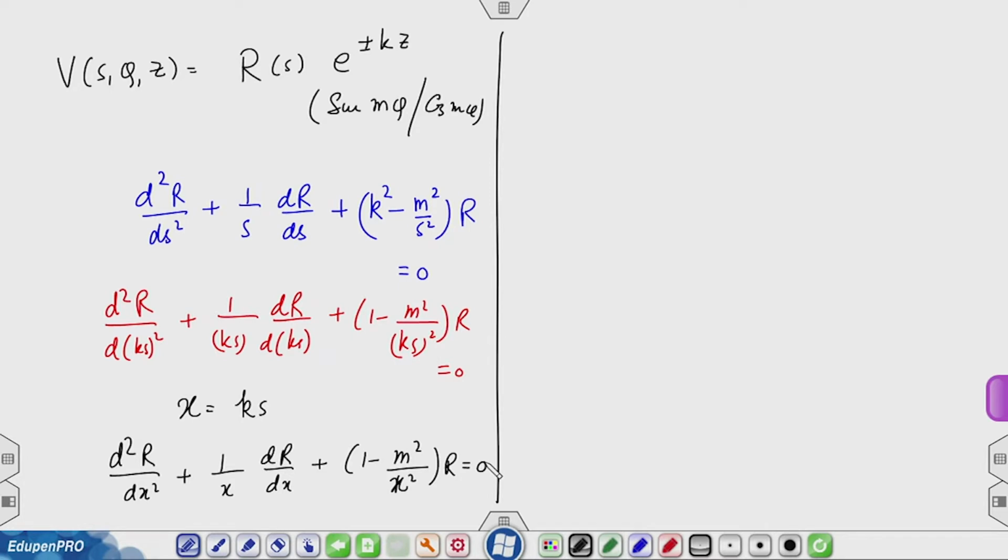This is the equation I am going to solve for the R function.